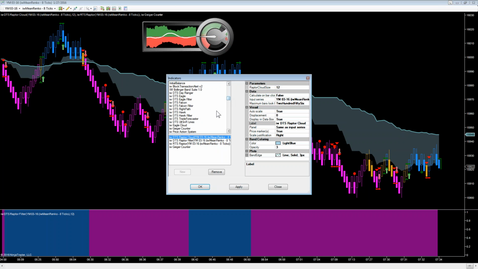We're just going to grab another Raptor cloud. Where did you go? There it is. Raptor cloud, and we're going to change the settings on one of these clouds. We're just going to change the color. Oops. Come on, work with me.